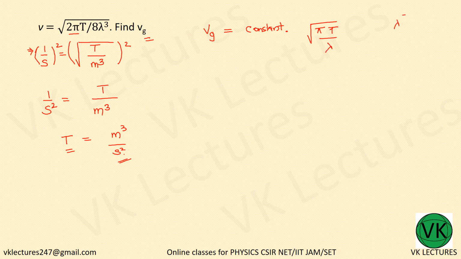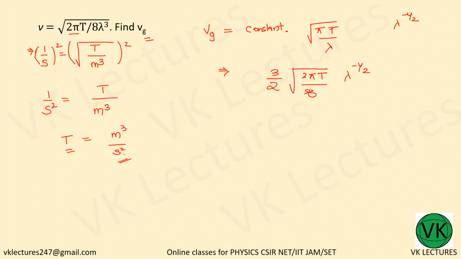Because lambda to the power minus 1 by 2, pi T divided by lambda, or if you want to write the answer as it is, we have written 3 by 2 root of 2 pi T divided by 8 times lambda to the power minus 1 by 2. So this is what we know.